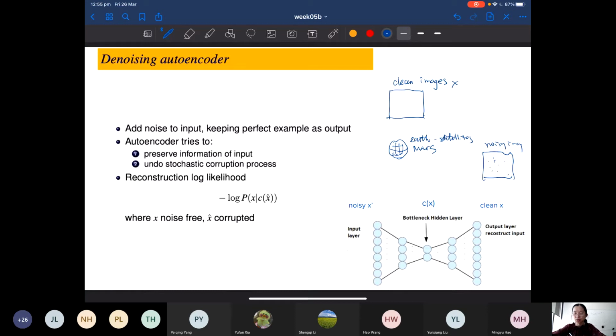So how do we train this thing? It's much easier to add noise. And under mild assumptions, you can make the added noise similar to the real noise and get X prime.